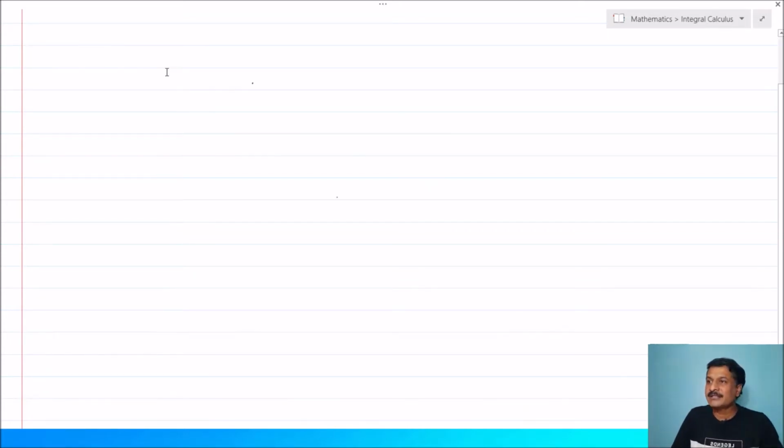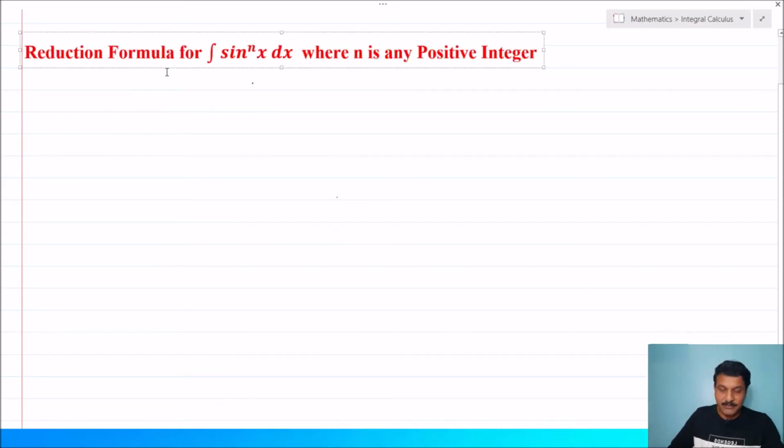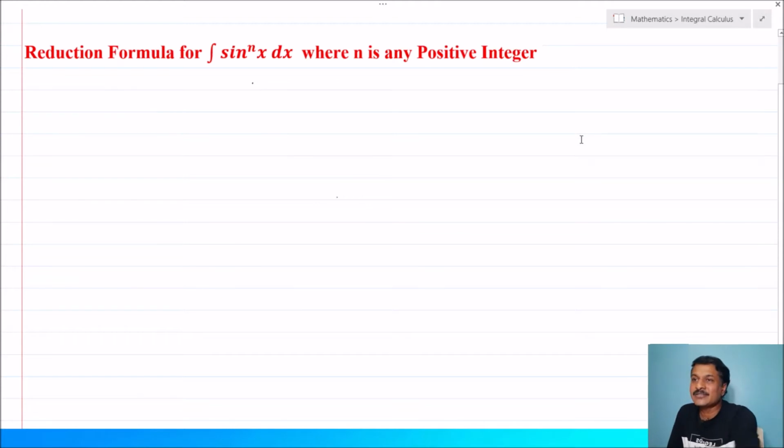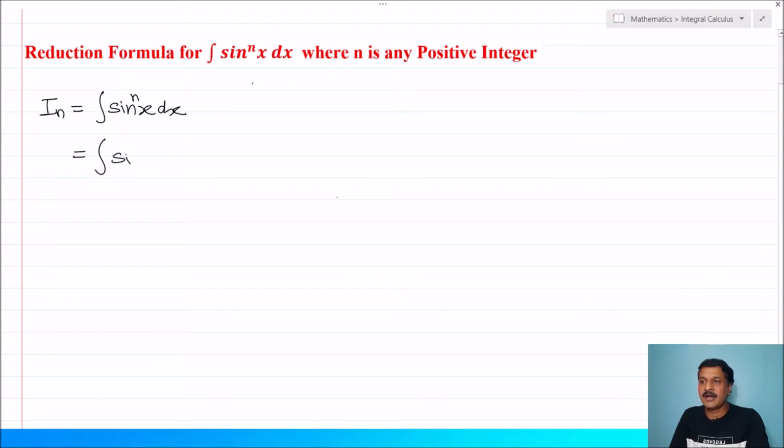So take the first reduction formula for sine. I am taking I n equal to integration of sin x raised to n dx. I will split it as sin x raised to n minus 1 into sin x.